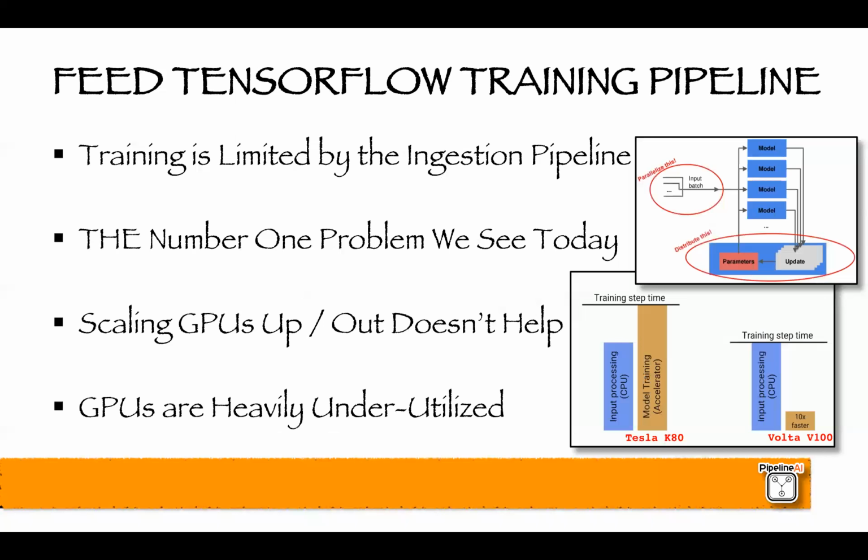So yeah, it's a bit of a recursion thing there. But that bottom right chart's kind of interesting, because this is showing the Tesla K80, which is what we're using, the input processing.